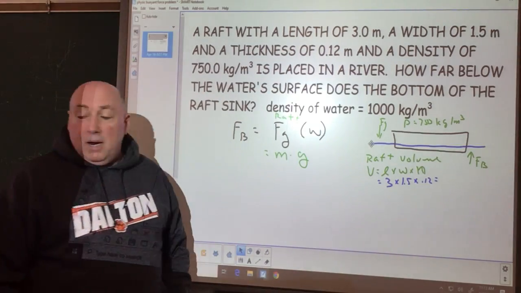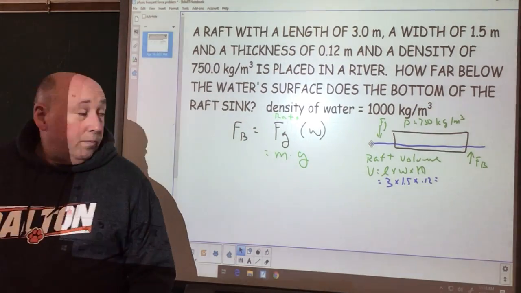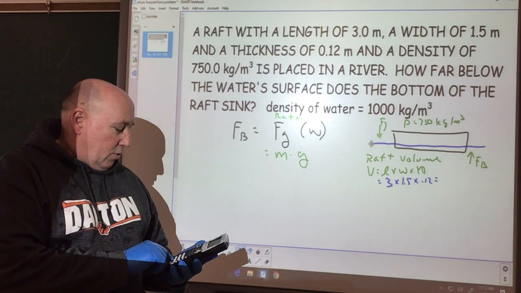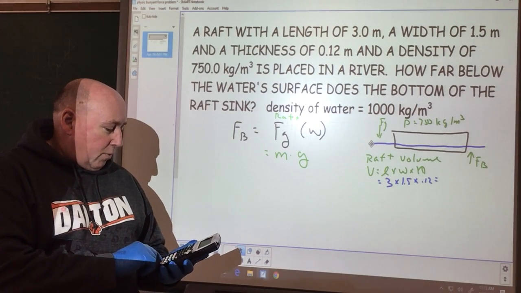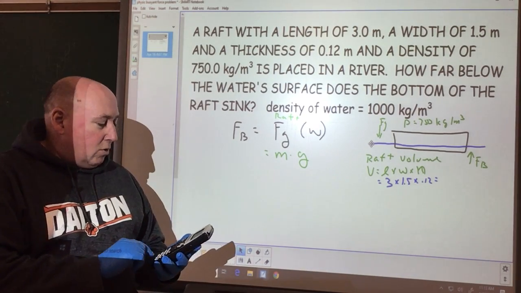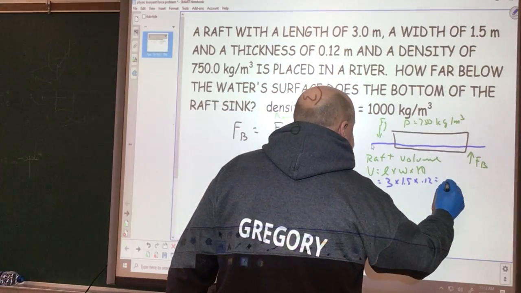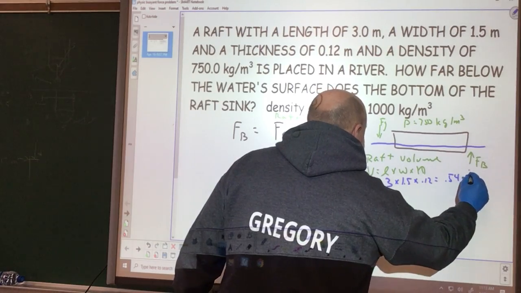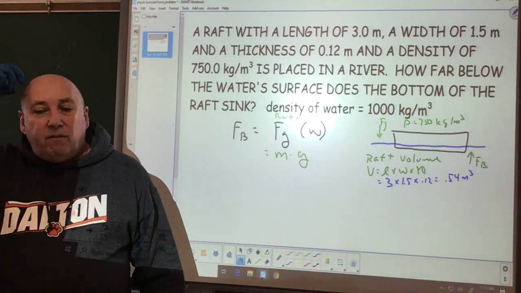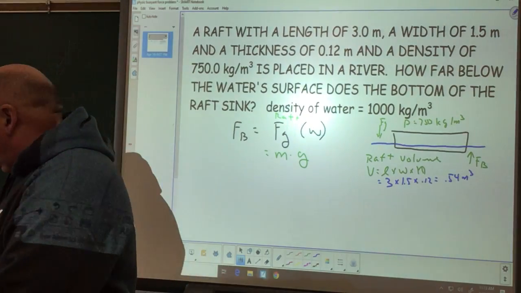If I multiply these all together, 3 times 1.5 times 0.12, we get 0.54 meters cubed. That is the volume of this raft.